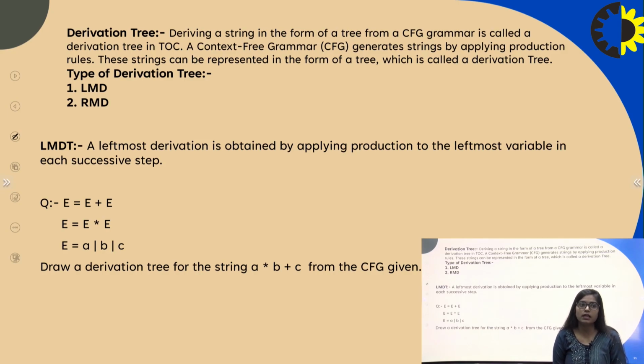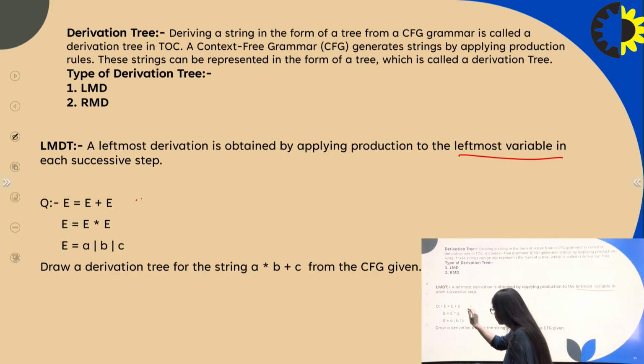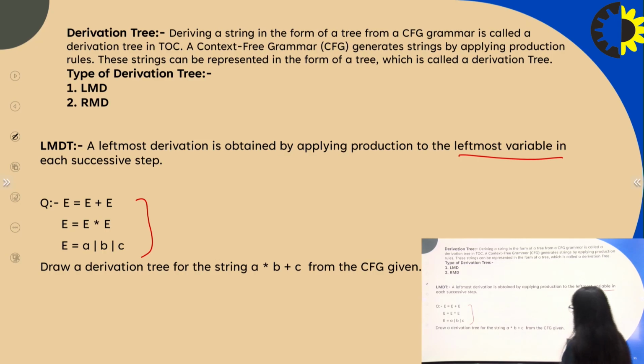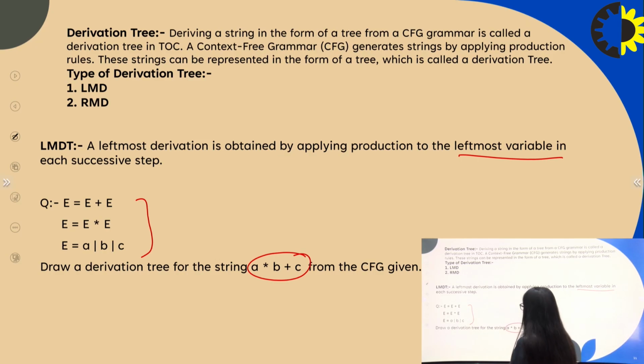Leftmost derivation tree. A leftmost derivation tree is obtained by applying a production to the leftmost variable in each successive step. This is the grammar, and we generate a leftmost derivation tree to find the string a into b plus c.